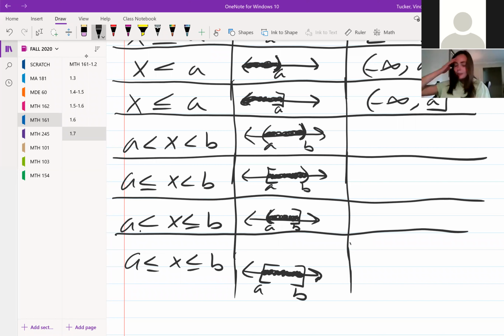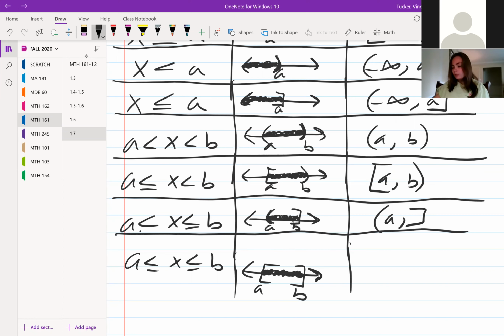Interval, the shading is going from A to B, so that's A comma B. And parentheses should reflect the same in both cases. So there's parentheses on both, bracket, then parentheses, parentheses, then bracket, and then bracket on both.